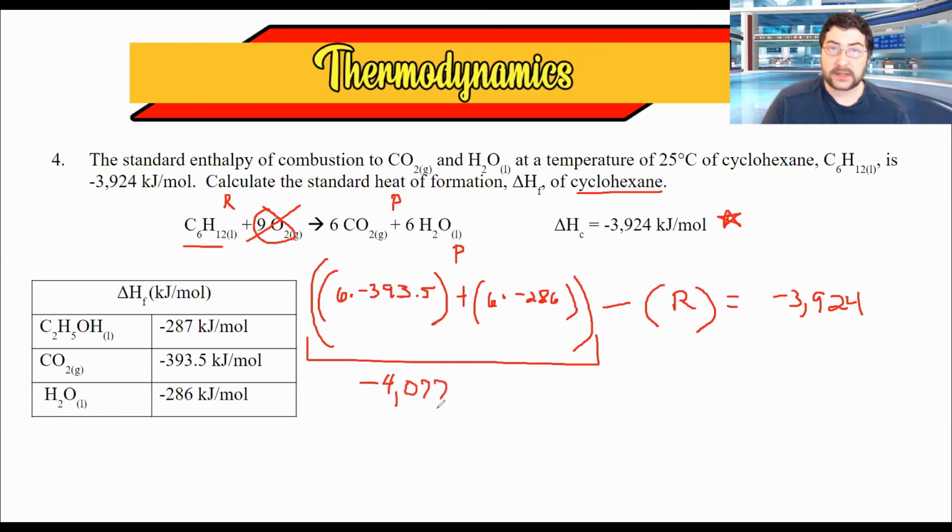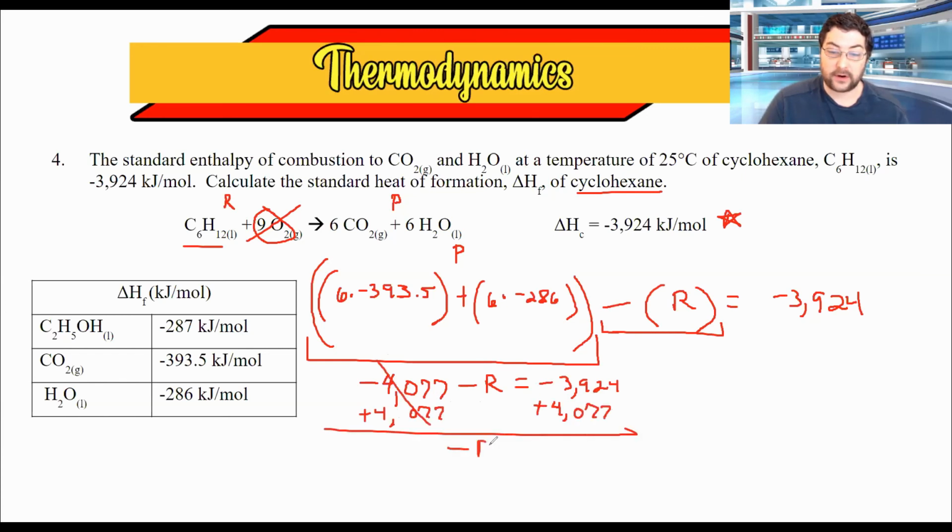So negative 4,077 minus R, the reactant, the cyclohexane that we care about, equals negative 3,924. Okay, so we're trying to get R by itself. So we can add the 4,077 to both sides. And that means that negative R is equal to positive 153.